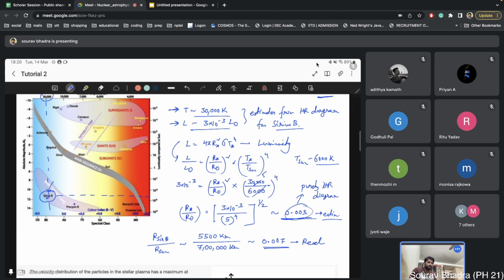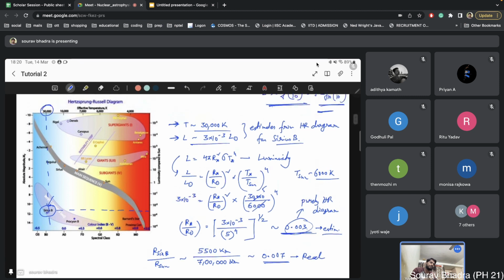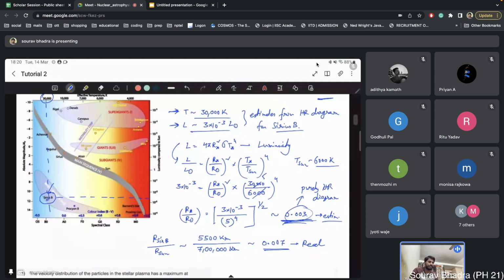From the position of the star in the HR diagram, and calculating the approximate flux and the approximate temperature, you can find the approximate radius of that particular object. You may think that 0.003 and 0.007 is a big difference, but on the astronomical scale this difference is very minute, and this result agrees with the realistic value, which is 0.007.